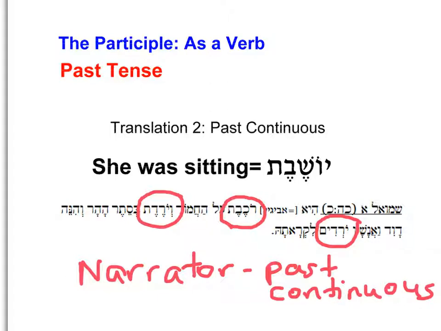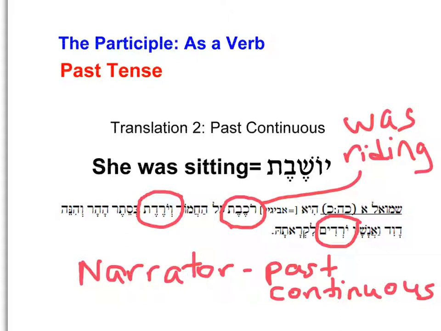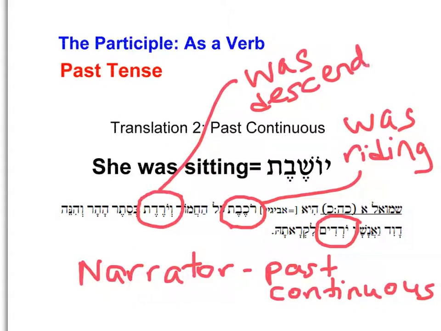So Abigail was riding al hachamor on the donkey, v'yoredet, right? And was descending. Okay, so she was riding on the donkey and she was descending beseter hahar, like the seter, like a hidden part of the mountain.